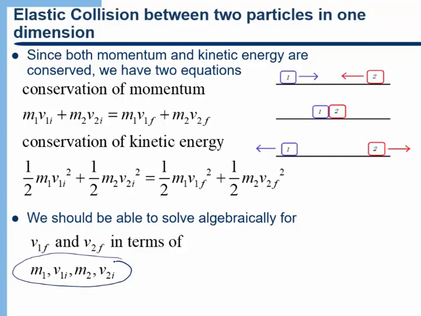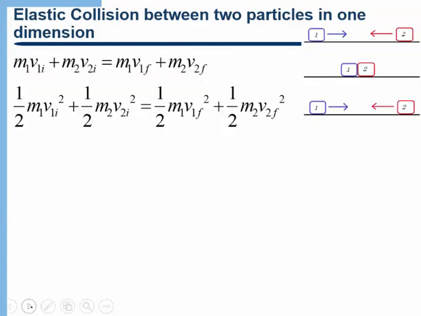What we're going to do is go through and derive formulas for v1 final and v2 final in terms of the masses and the initial velocities. This is going to take a few slides. It's not hard algebra, but it's a bunch of algebra. So you might just try it on your own, see how far you can get.